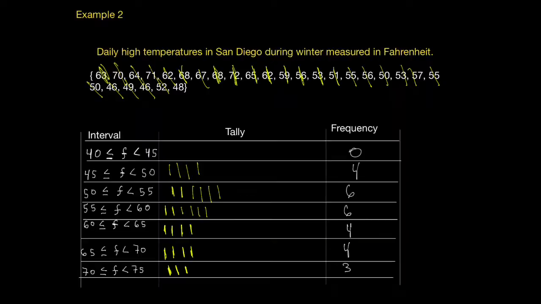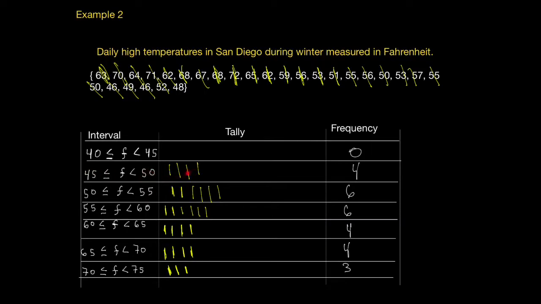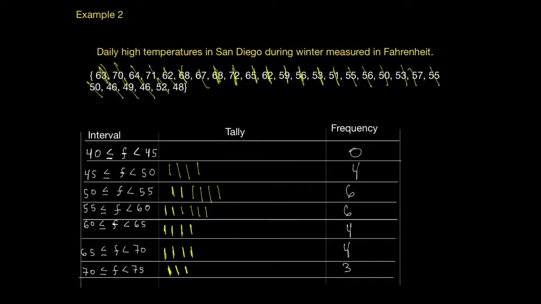And now 45 through 49, basically it's this bin, and remember the 50 doesn't count, that's why it's going only up to 49 in the representation here. But 45 to 50 we're going to get 4. So here we're going to go up all the way to 4, and then we're going to go up to the next bin, which is this one, 50 to 54.